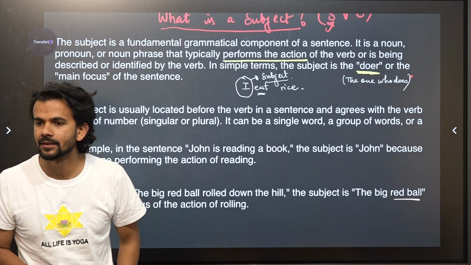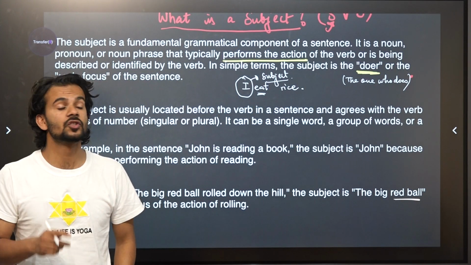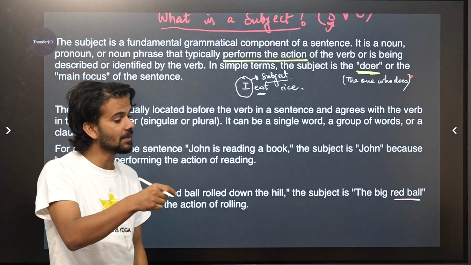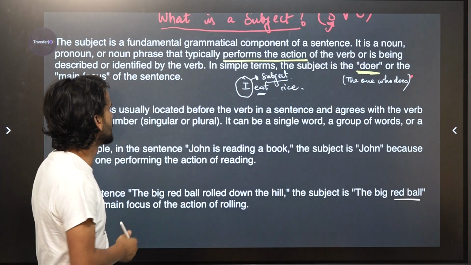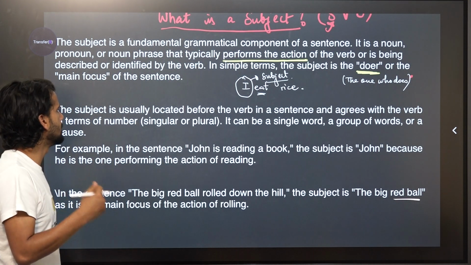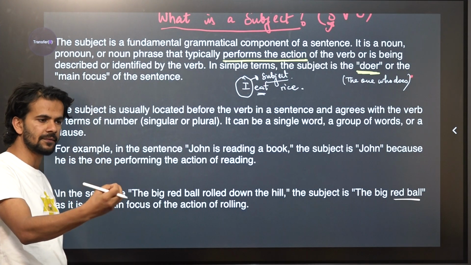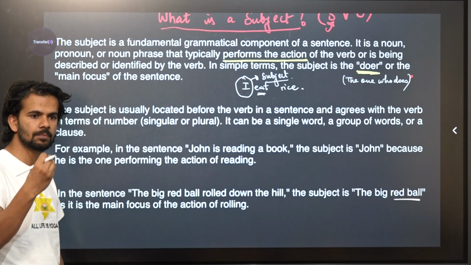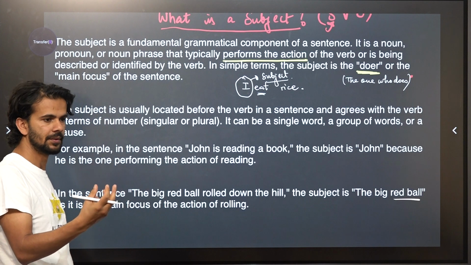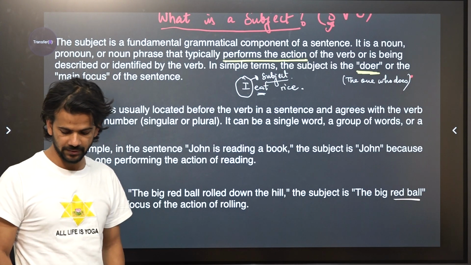What's the subject? Who is doing the sleeping action? Saroj is doing it. Of course, it depends on whether the subject is singular or plural, and depending on the number, we use the verb accordingly. Subject-verb agreement will be done in the next class.